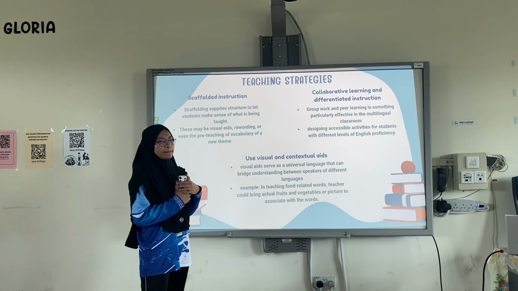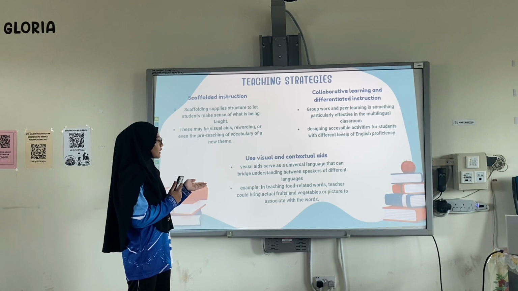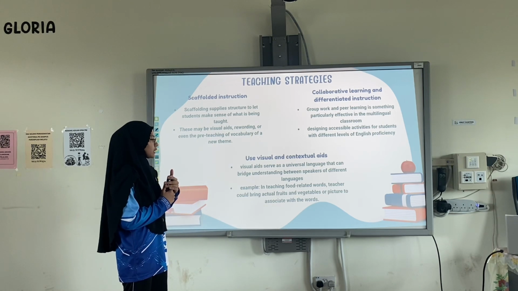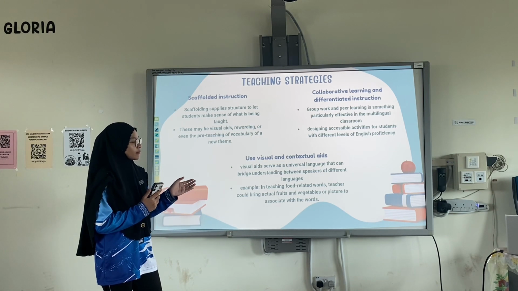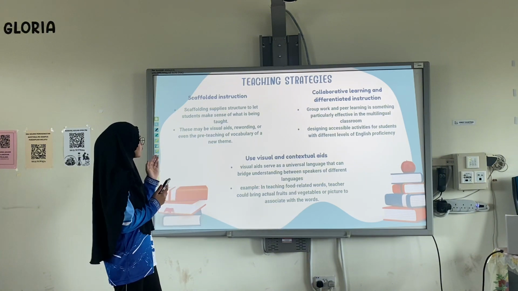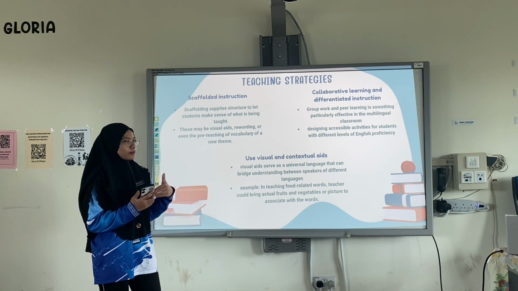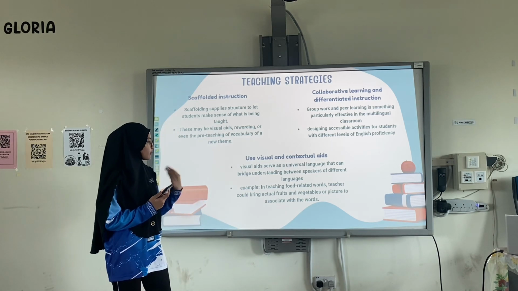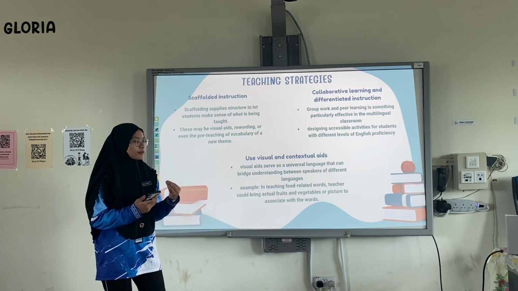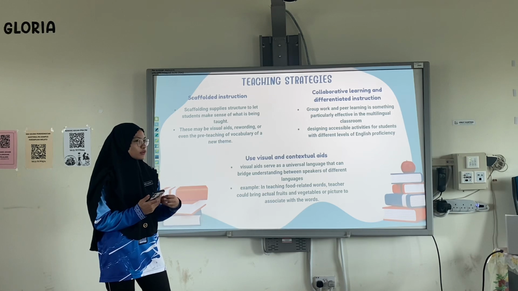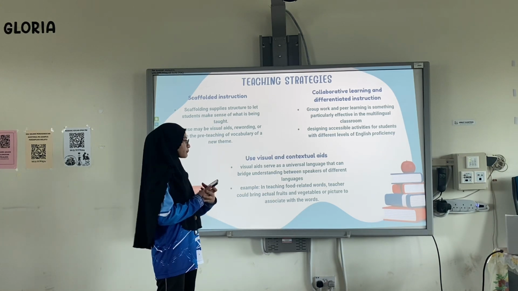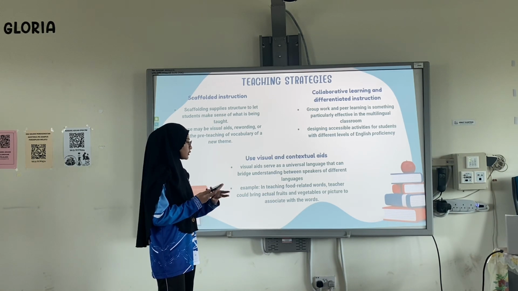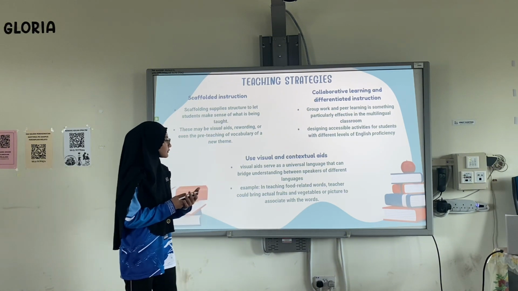So, using visual and contextual aids is something like scaffolding. Like this example, for food-related words, teachers can bring actual fruits or vegetables to show the children how the words actually look.